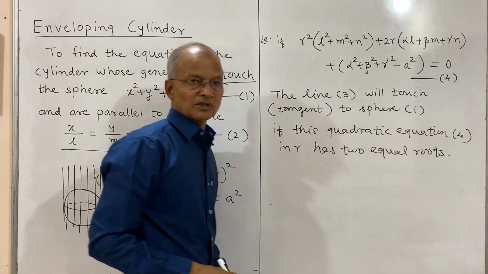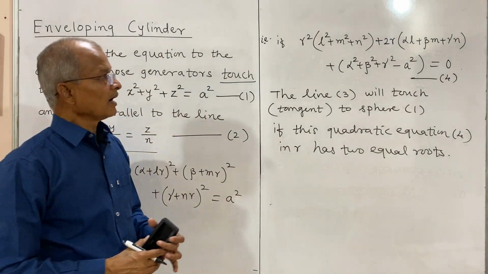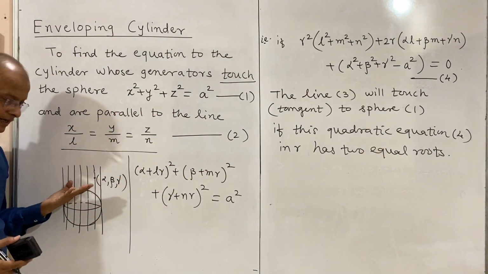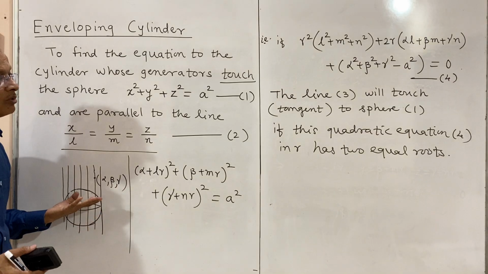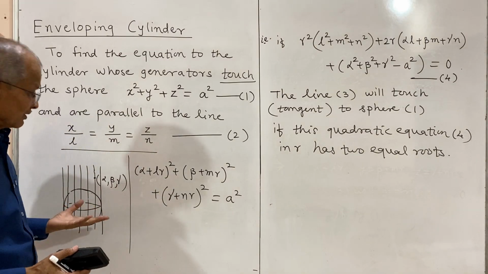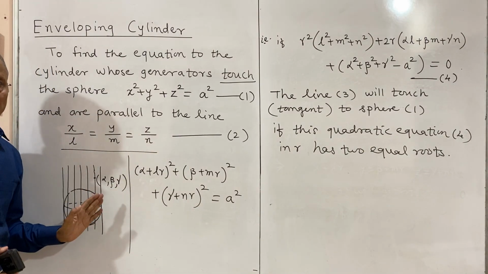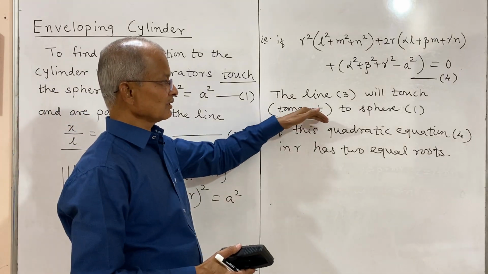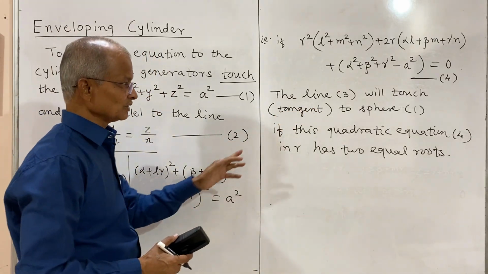And why do we use the condition for equal roots? Because if we have 2 equal values of R, it will give only a single point, and that means the line will touch the sphere at a single point, it is tangent.